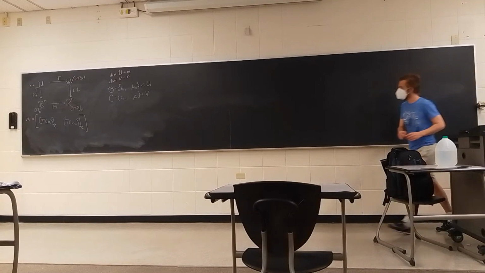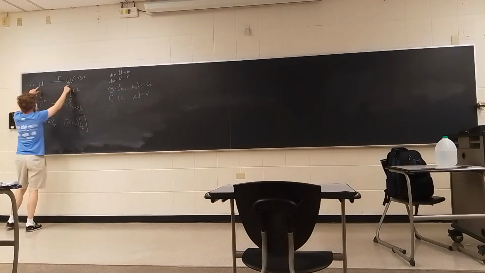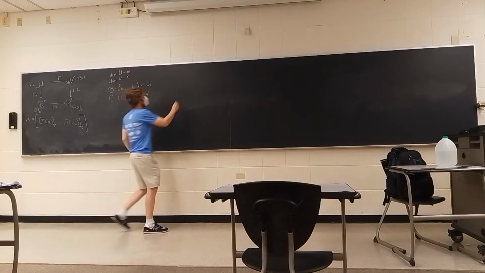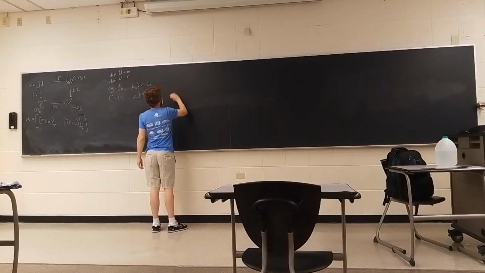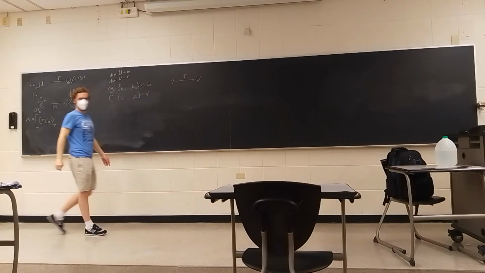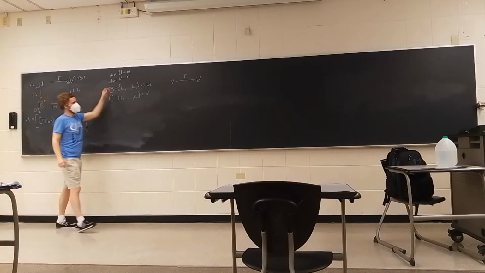Okay, now let's look at the situation where these two vector spaces are the same. So we're looking at a linear transformation from a vector space to itself. So we can represent that like this. And again, we're going to assume that V is an n-dimensional vector space.